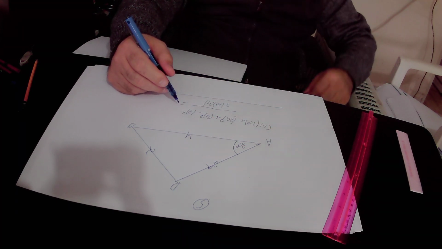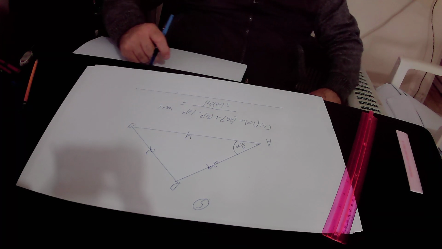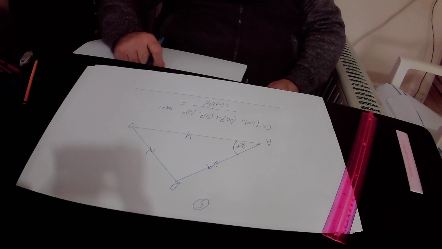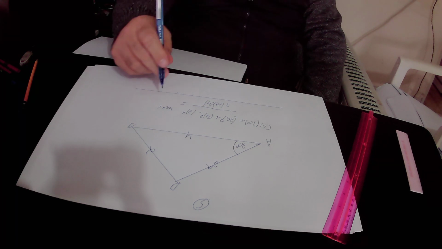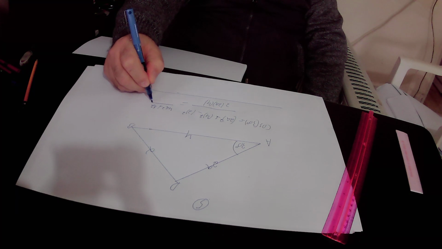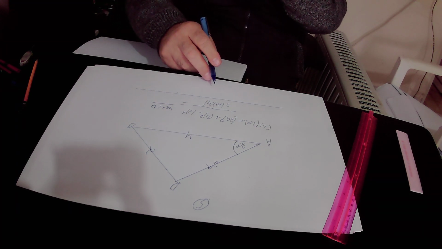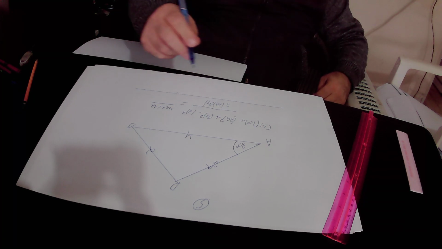So 2a squared is 4a squared, plus 4 squared is 16, minus 2 squared is minus 4, 16 minus 4 is 12, over 2 times 4 is 8, and 8 times 2a is 16a.